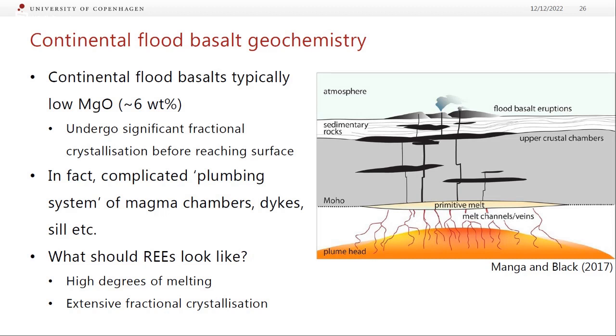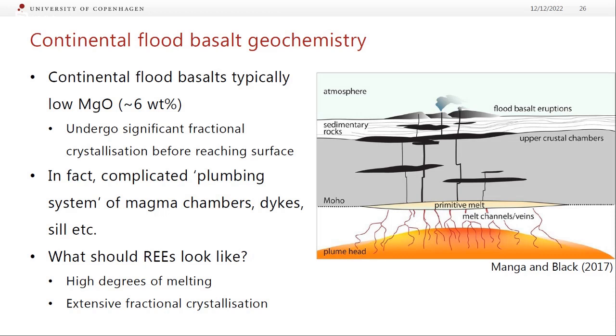If we have a plume head that's melting somewhere in the lithosphere, the melt is coming up in channels, and it's probably getting stuck at a variety of different magma chambers at different places in the crust, crystallizing a bit and moving upwards, and crystallizing a bit and moving upwards. We end up with these flood basalt eruptions of lots and lots of relatively evolved magma.